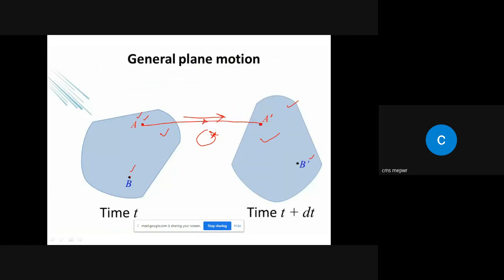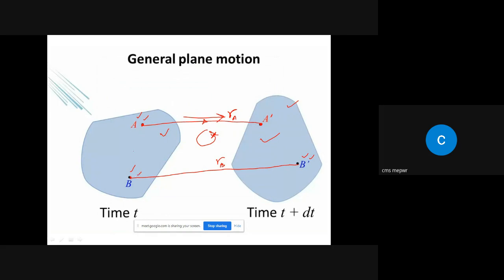So the position vector RA shows the position of A prime with respect to origin A. Similarly, the position of B prime can be determined by another position vector, RB, which shows the position of B prime with respect to B.